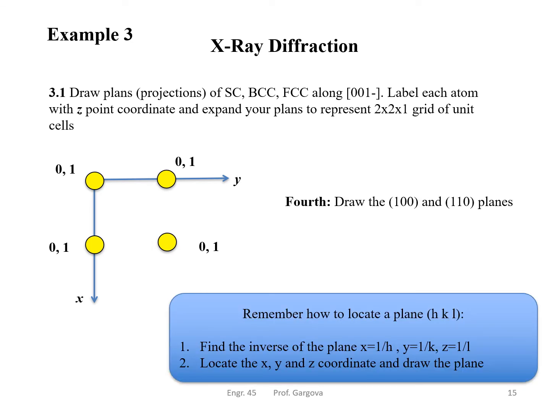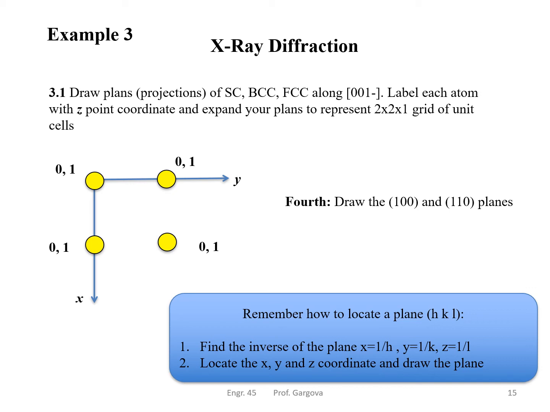And now we draw planes. We draw the first one at the 1, 0, 0 direction, meaning that we move along the X direction by 1. We don't move along the Y and Z axes. But in general, if we were to locate the plane HKL with 1, 0, 0, we would find the inverse of the plane.